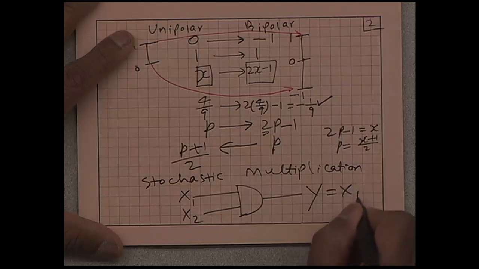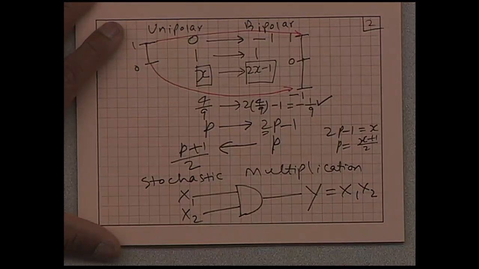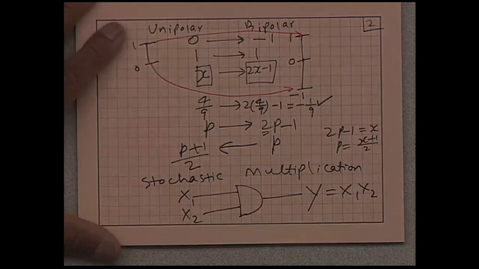So y will be x1 x2. That's kind of surprising, that I don't need a whole multiplier. And we'll talk about the drawbacks. Obviously, there are many drawbacks.